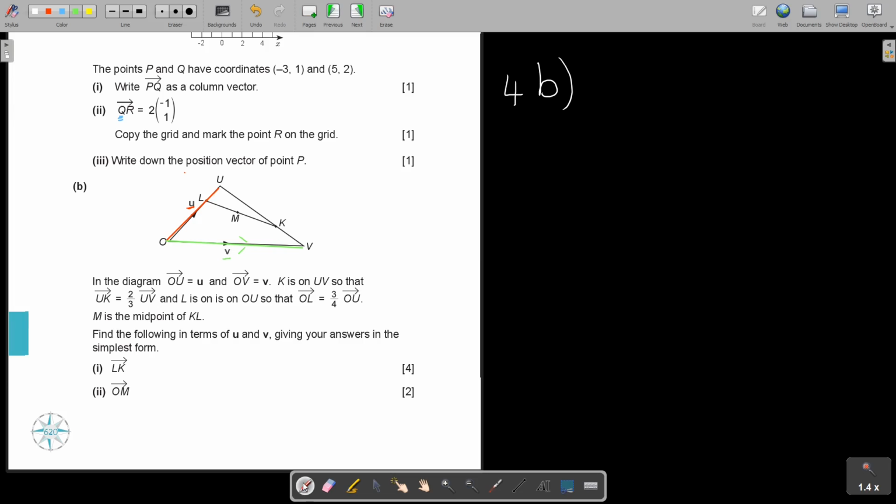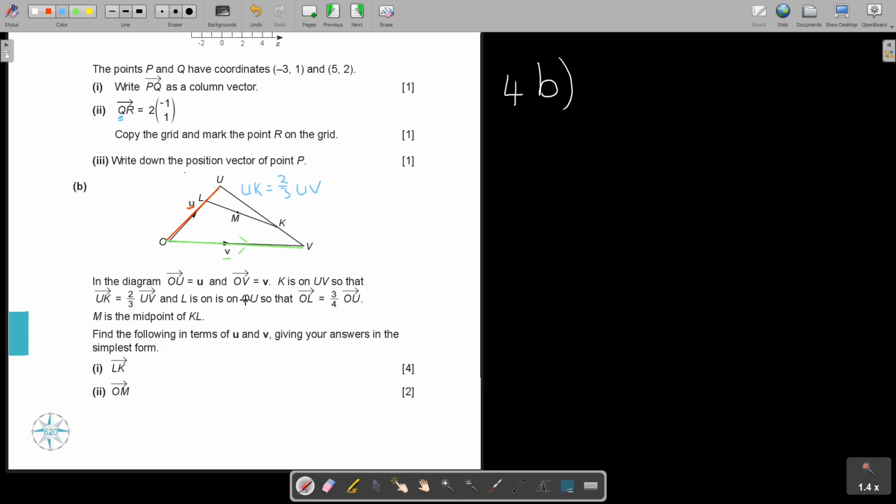Okay, now let's start. Now, they say OK is 2/3 of UV, and it's important that I write it in. So UK, sorry, it's 2/3 of UV. Keep it in mind. Okay, up to there.